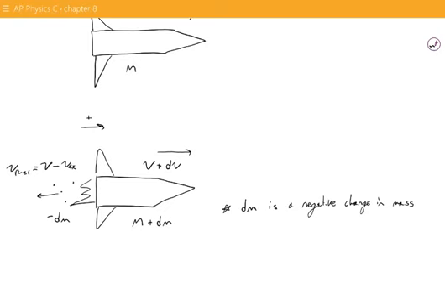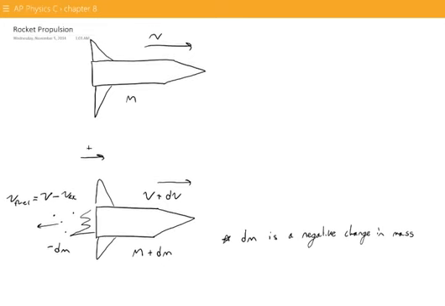So here we've got our reference frame, the velocity of the rocket plus the velocity of the exhaust, and the velocity of the exhaust is going to be in the negative direction. So the velocity of the fuel with respect to some other reference frame that's not moving is given by that expression.